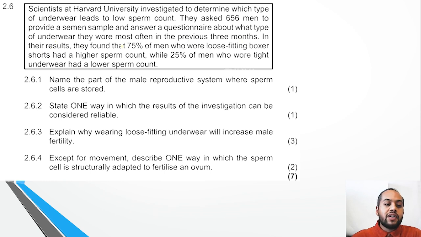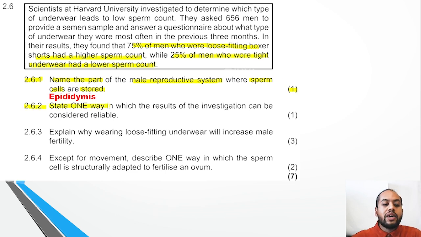In the results, they found that 75% of men who wore loose-fitting boxer shorts had a higher sperm count, while 25% of men who wore tight underwear had a low sperm count. 2.6.1 name the part of the male reproductive system where sperm cells are stored. So sperm cells are generally going to be stored inside the epididymis.